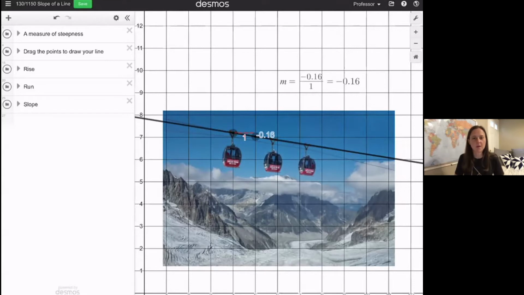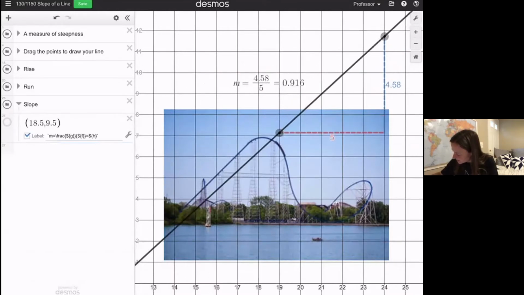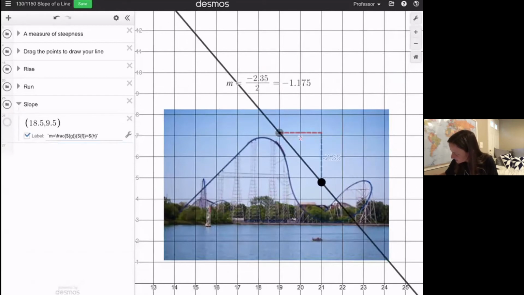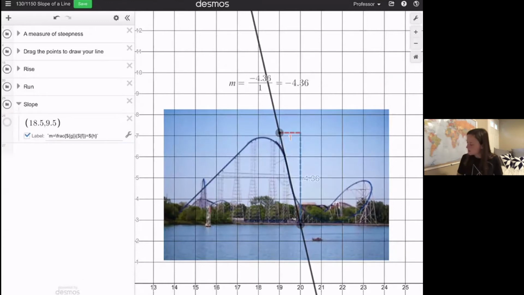Okay, so let's compare this to the slope of the roller coaster ride. And obviously this is not a straight line ride, but I'm going to try to match just the steepest part of that ride that I can. All right, and that looks pretty close, measuring the steepest descent of that ride.